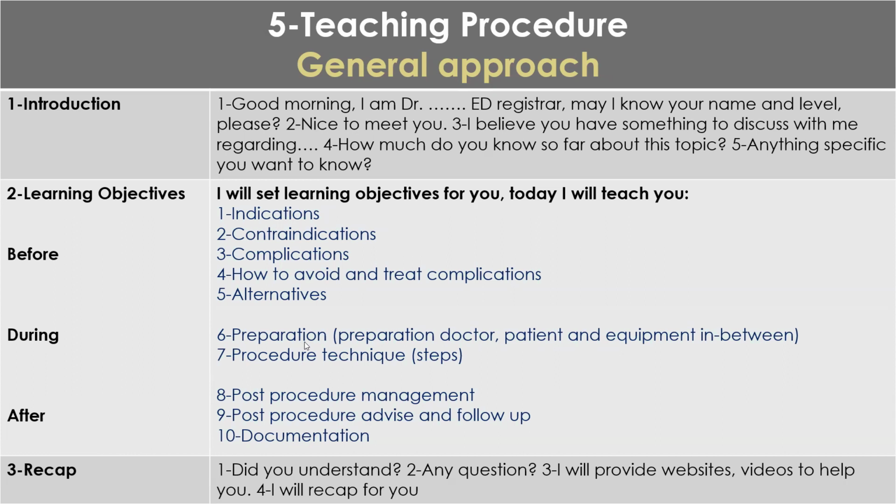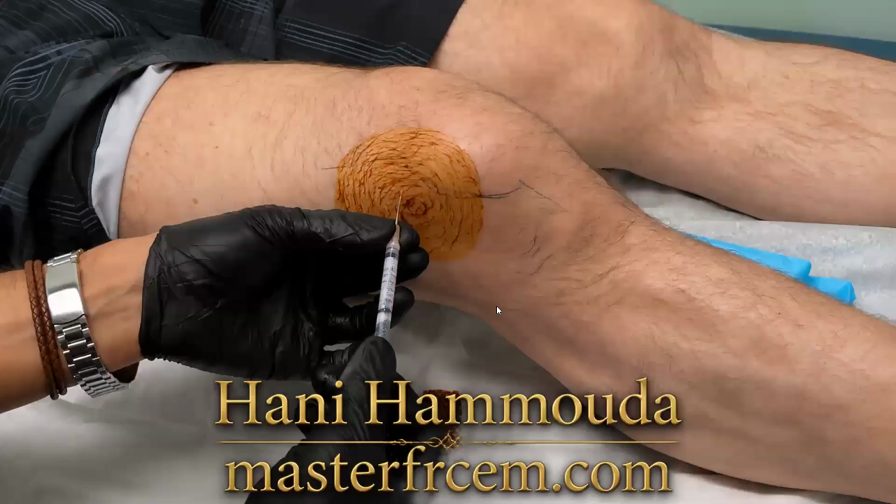Preparation: patient lying flat. We will start with the doctor. So at least one nurse, one doctor, wash hands, wear PPE. Patient lying flat and knee extended 25 degrees. And equipment: you will use needle, syringe, and lidocaine.